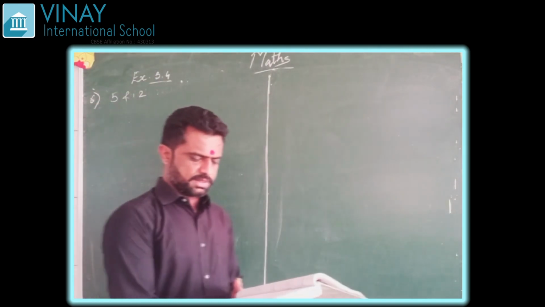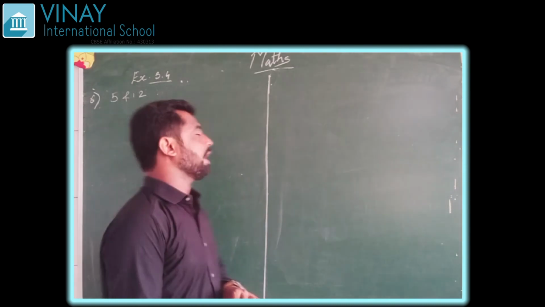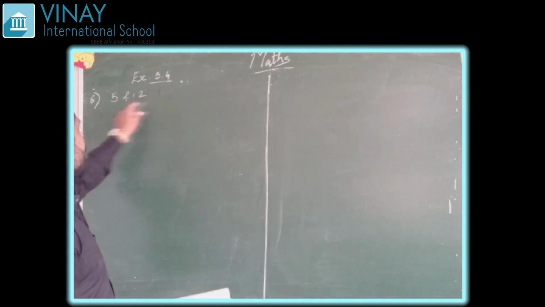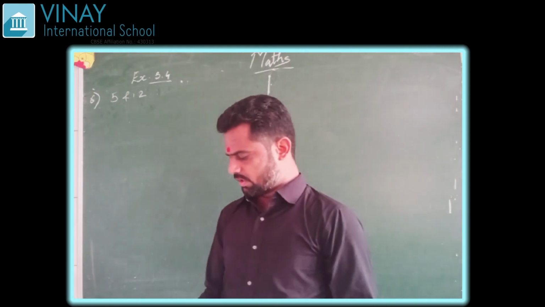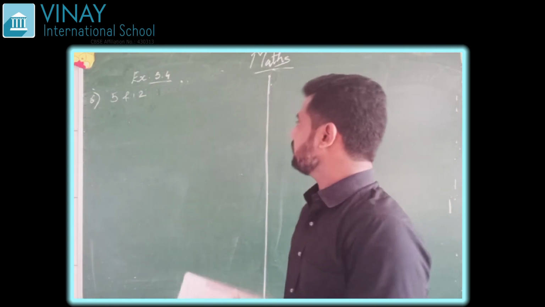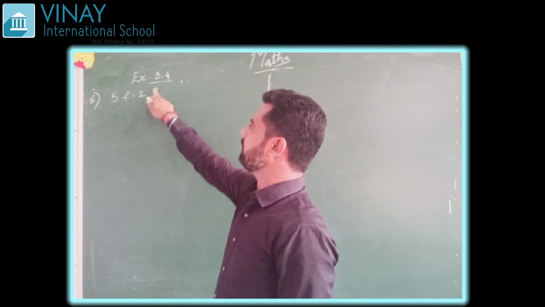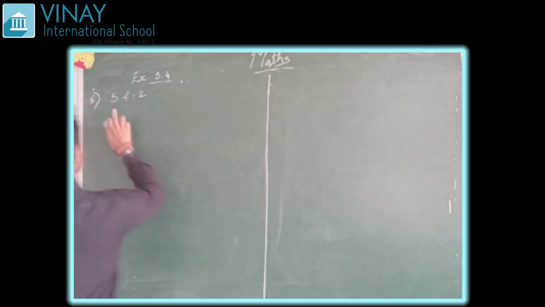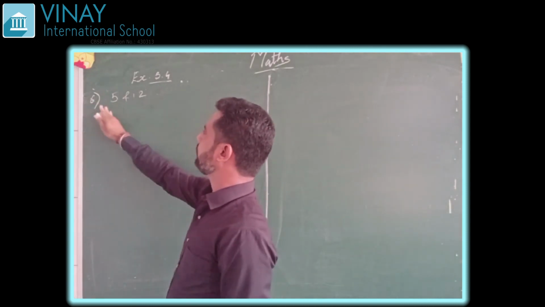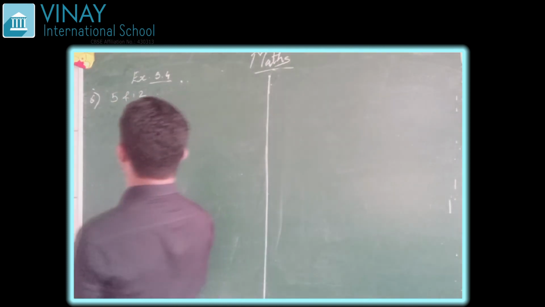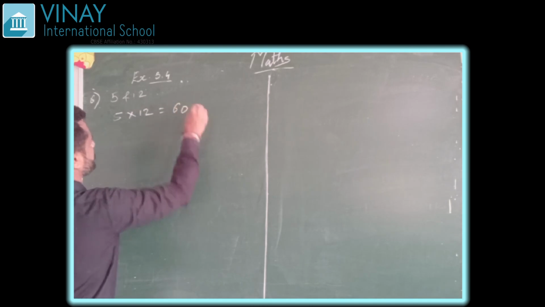Now let us see question number 6. A number is divisible by both 5 and 12. By which other number will that number always be divisible? We know that when a number is divisible by two numbers, it will always be divisible by the product of these two numbers. So 5 into 12 is equal to 60.